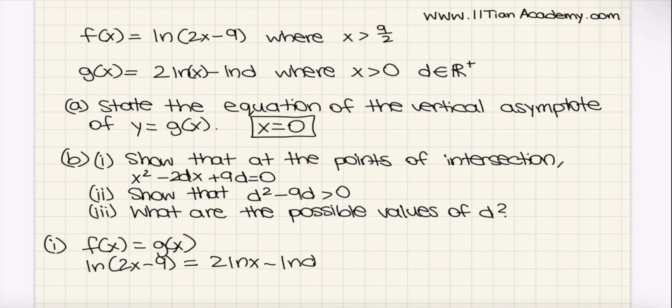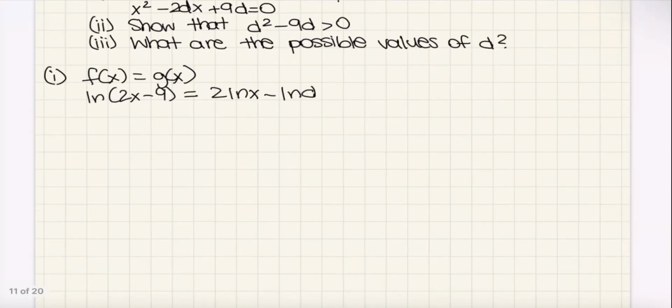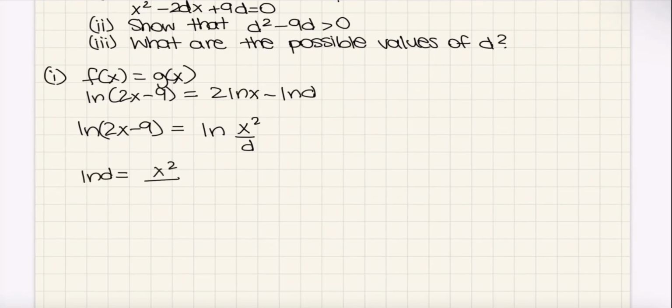All right, now we're going to be using the product and quotient rules for logs. So ln(2x minus 9) is going to be equal to ln of x squared over d.